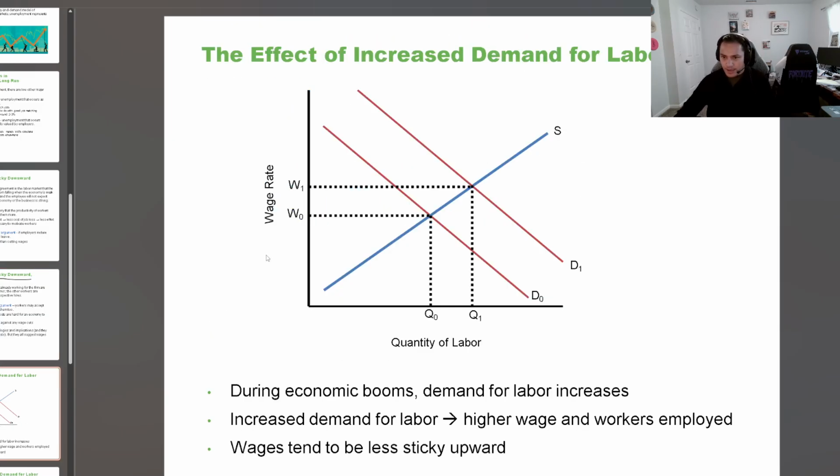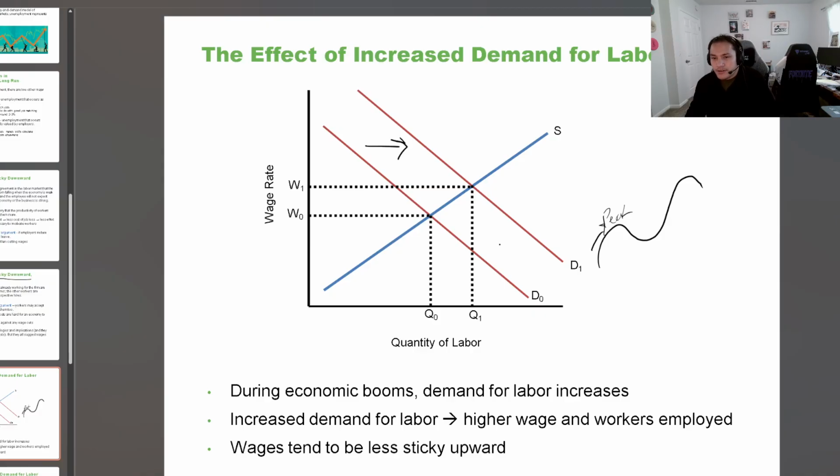Here's our context. Initially, we have an economic boom. We think about the business cycle here, and this figure illustrates an upward trend in the business cycle. We're reaching a peak, and in that peak, we experience an increase in demand for labor. In the market for labor, our demand curve is comprised of all of our firms, and our supply curve is comprised of us workers.